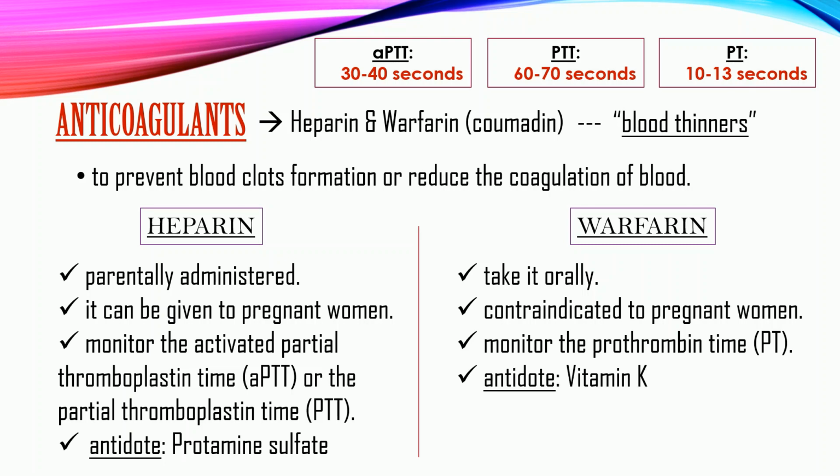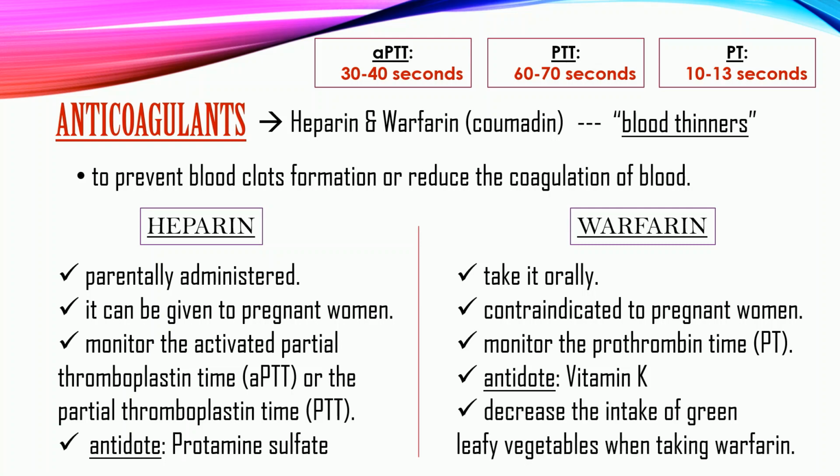If there is an overdose or toxicity, stop giving the medication and give the antidote, which is vitamin K. Since warfarin is a vitamin K antagonist, it is important to instruct the patient to decrease the intake of foods that are high in vitamin K, like green leafy vegetables, while under warfarin treatment.